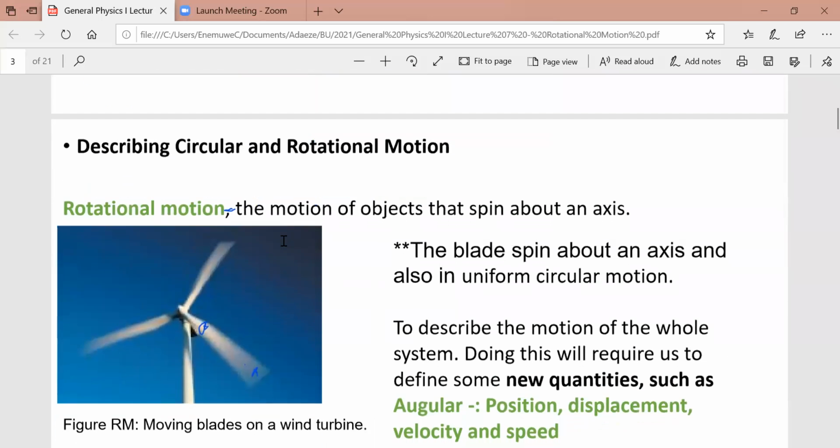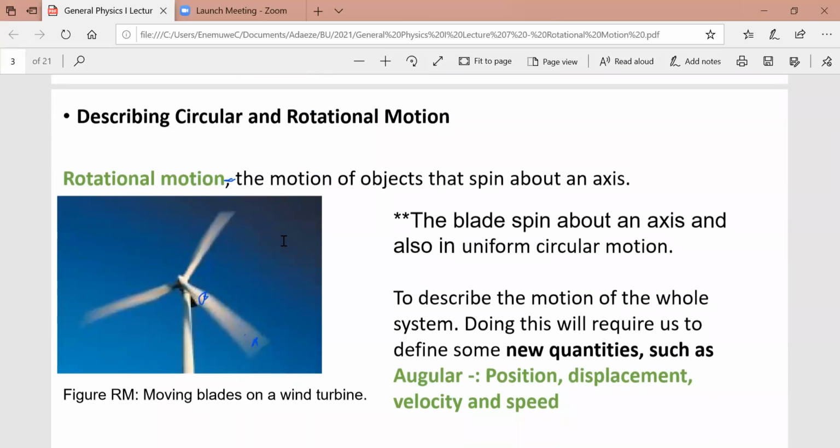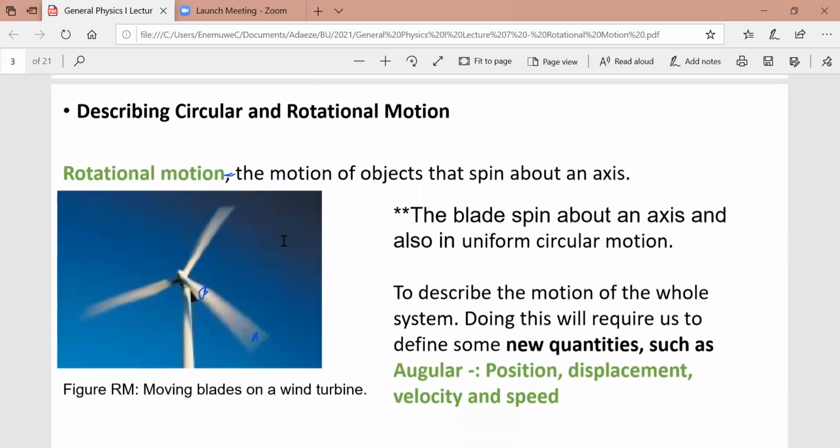So we want to begin by describing circular motion and rotational motion. We have talked in depth about circular motion in the last 3 classes, and want to quickly begin with rotational motion.